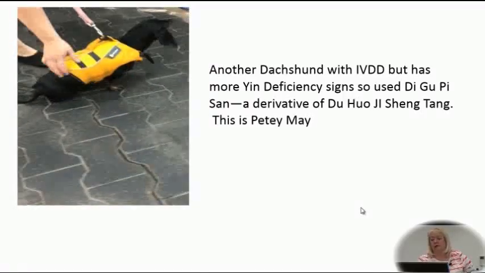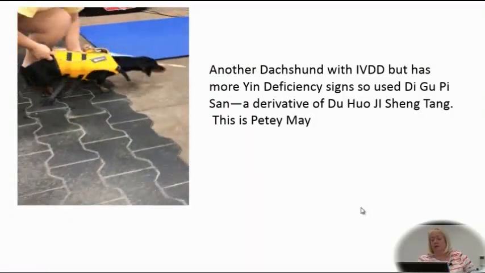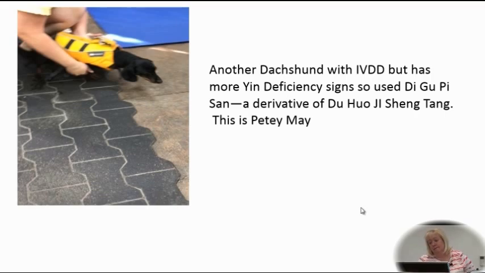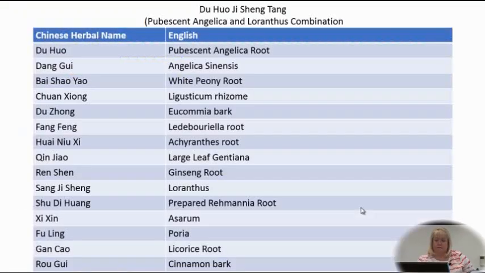So that's another dachshund formula that I would consider using. So here's our Duhuo Jisheng Tang formula. You can see exactly what's in this. So that is our Duhuo formula.